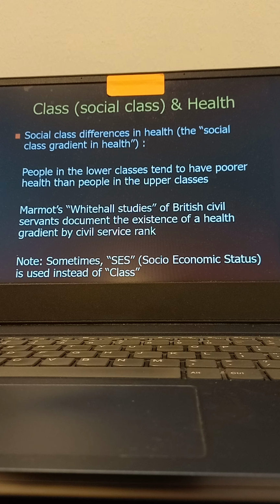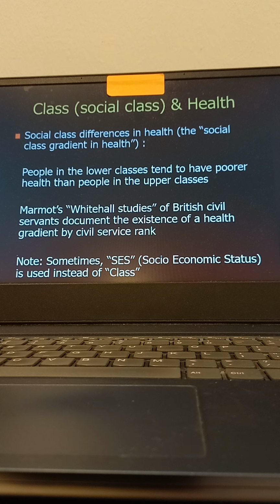Michael Marmot, a famous doctor as well as public health researcher, conducted a series of studies called the Whitehall studies. Whitehall refers to the British civil service, of British civil servants who are by no means poor. They're all civil servants, but they're of different grades from the lowest to the highest.